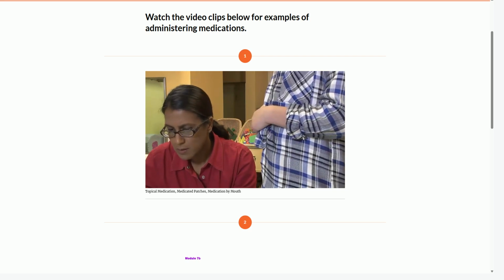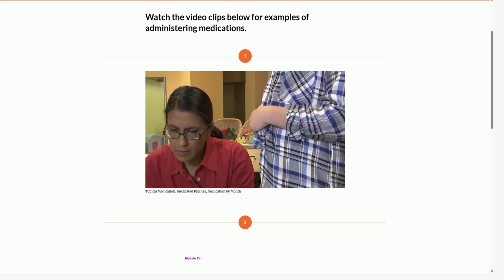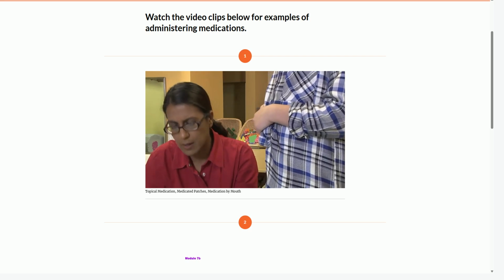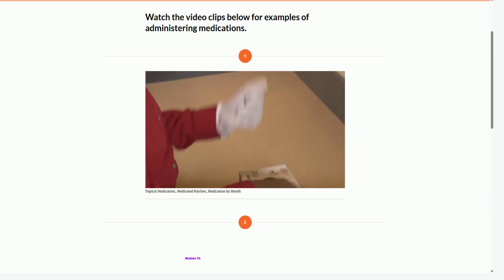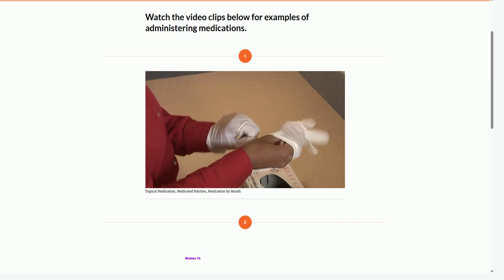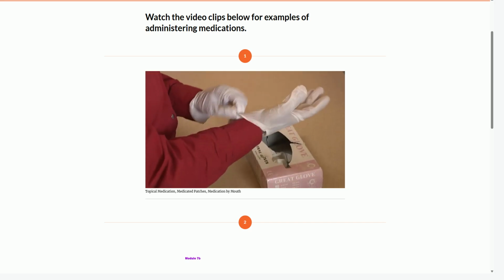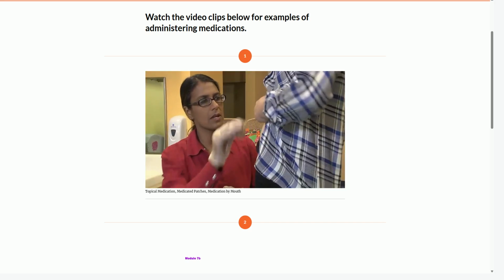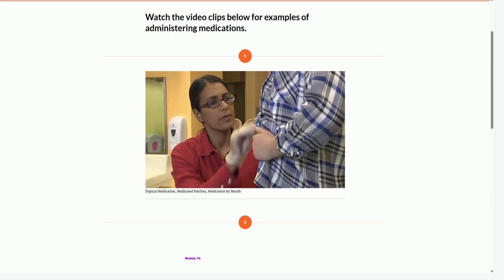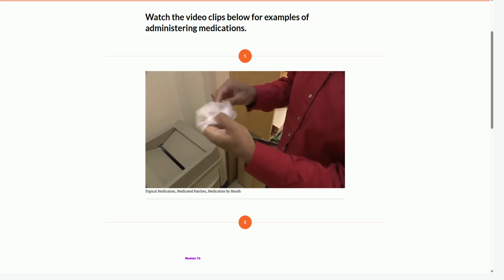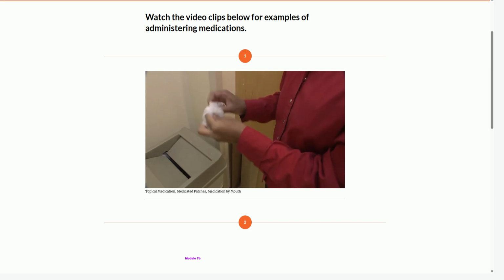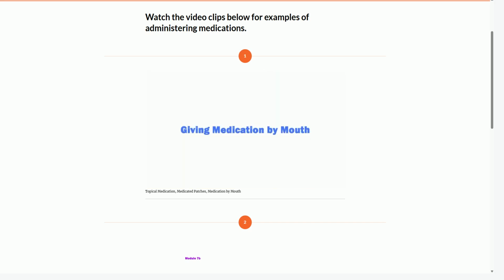Even if the parents or other staff applied the patch, you may be responsible for removing it, so follow these guidelines. To avoid coming in contact with the medication, put on gloves to remove the old patch. Unless otherwise instructed, wash off the residual medication. It's good practice to roll the patch up in the dirty gloves and throw it away so it's not accessible.